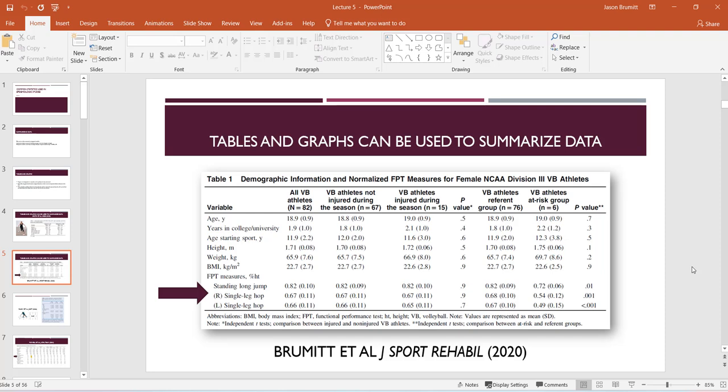Sometimes you might only see something like this in a table where there's the breakdown between injured and uninjured. But this really brings it to life differently, where somebody's able to go, wow, okay, I can see what the referent or the reference group was, what their scores were, and they're quite similar to the non-injured individuals. But look how low the scores were for those who did get hurt.